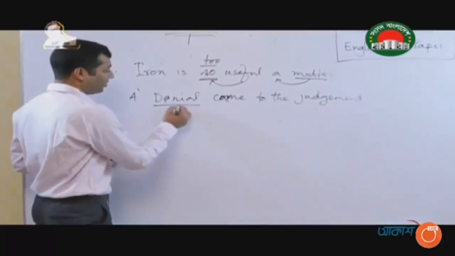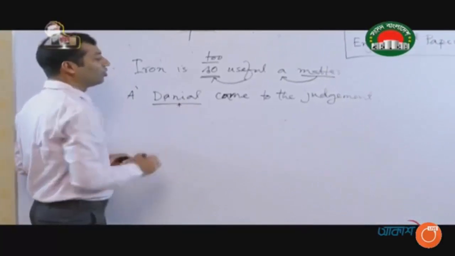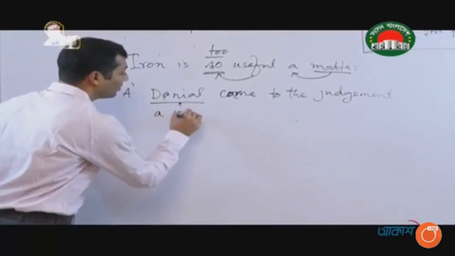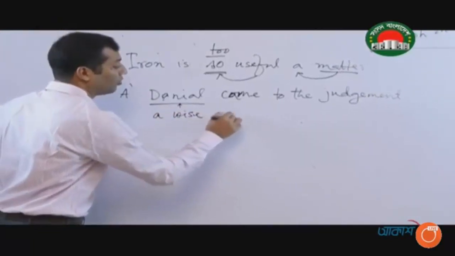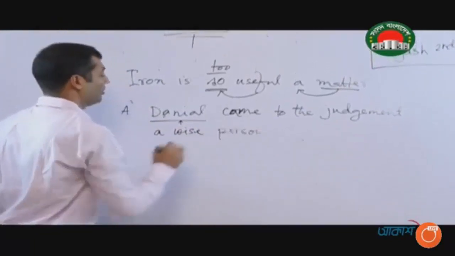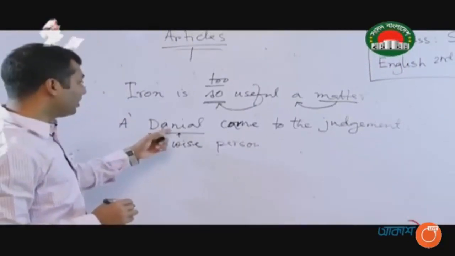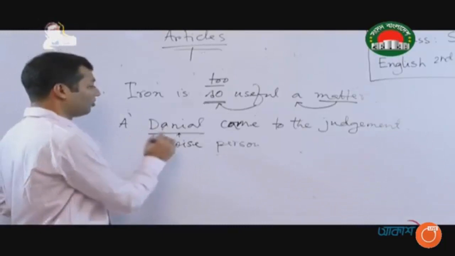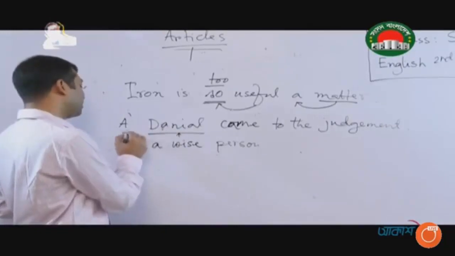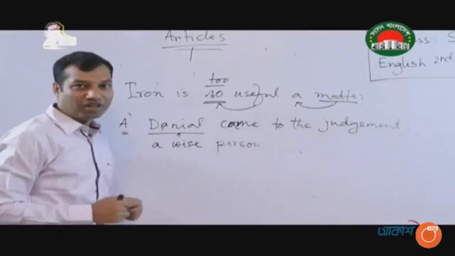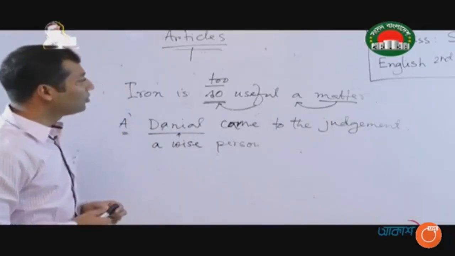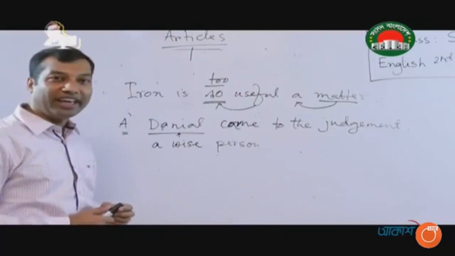But here it is working as a common noun. Here Daniel means a wise person. So in this case, you need to use the article a or an before the proper noun. So this is all about the use of indefinite articles, the use of a and an.